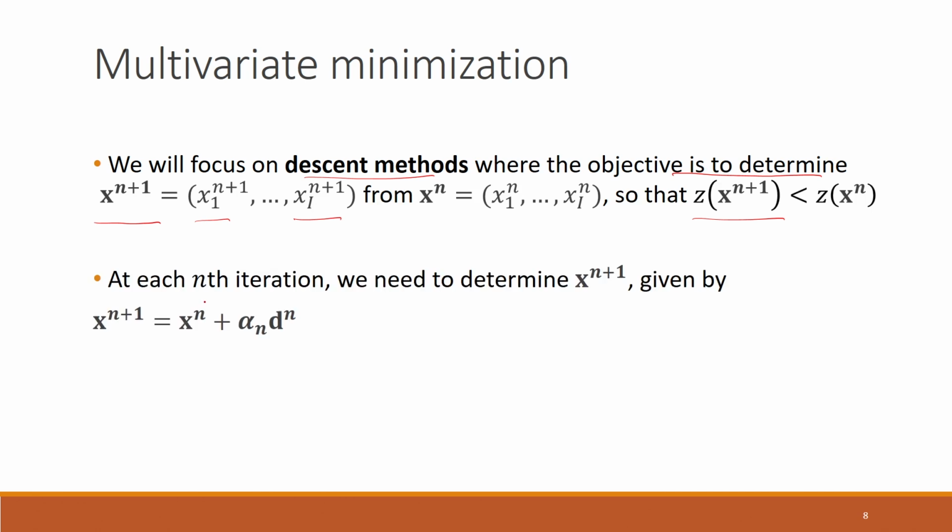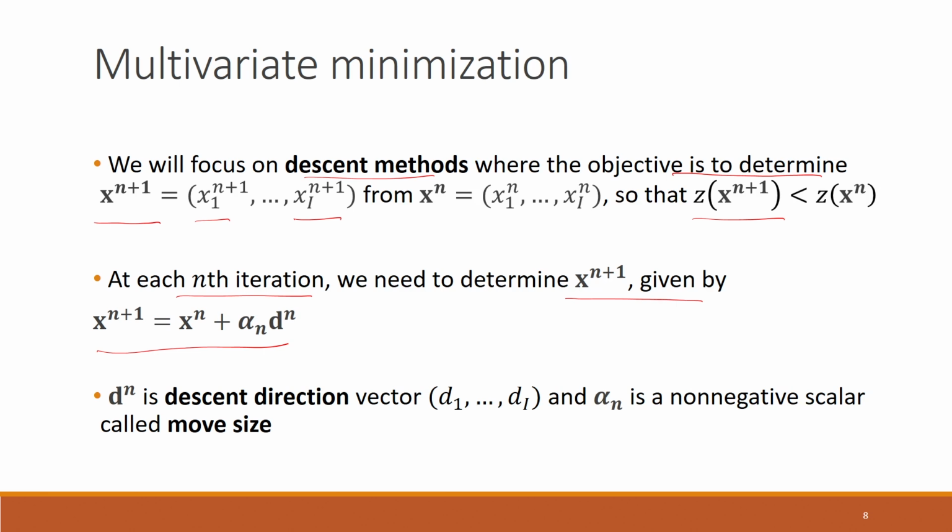So at each iteration n, we need to determine the next point x_{n+1} such that x_{n+1} is equal to x_n plus alpha_n times d_n. Here d_n is the descent direction vector, and alpha_n is a non-negative scalar called the move size.